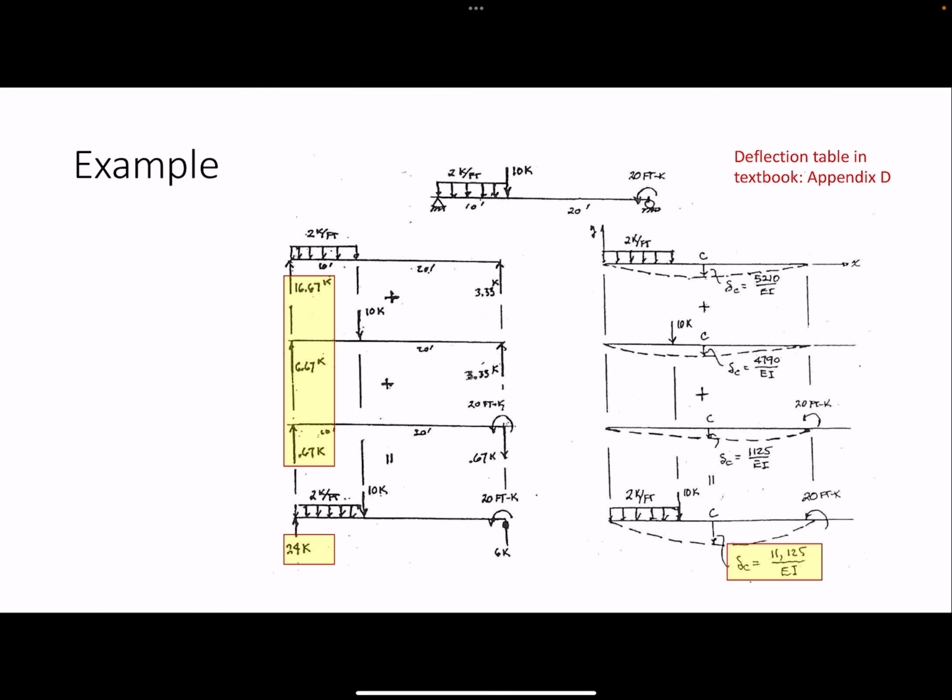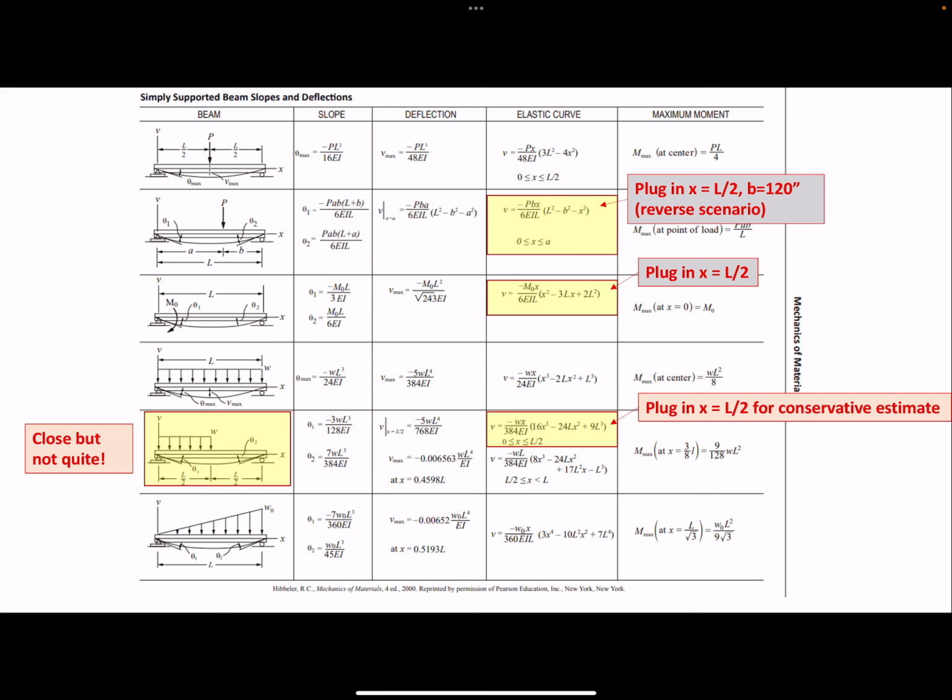So, right, you just have to think about where your point load is with regard to the supports. And then the reverse scenario, I meant to comment on that. In this table, this equation applies when x is between 0 and a.